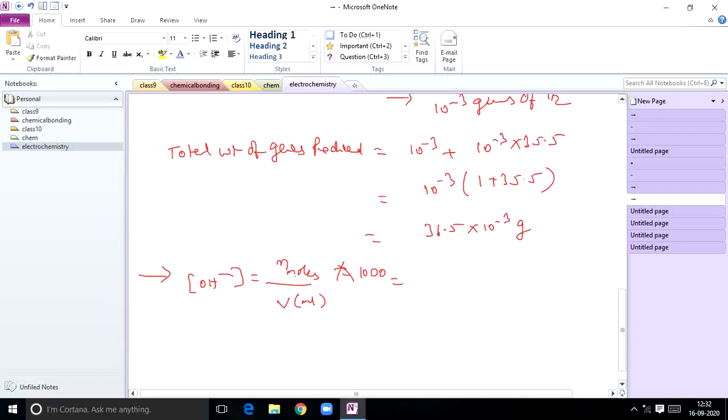so in terms of molarity you will get the answer, no? 1 by volume in ml, how much? 200 into 1000. So that is equal to 5. You will get 5 moles. So you can convert into millimoles.